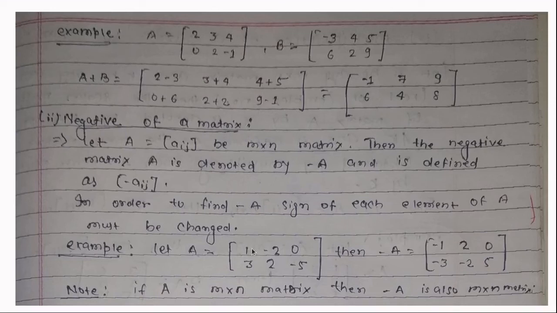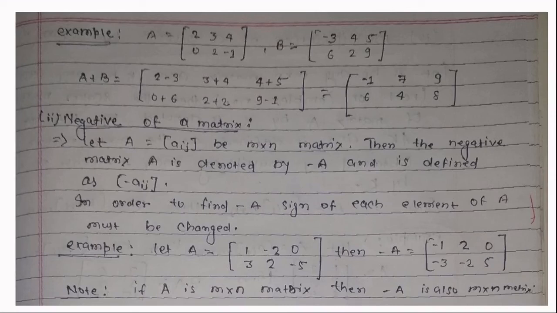The first element is positive 1, so we make it negative 1. The second element is negative, so we make it positive. This element is 0; when we multiply minus 1 into 0, we get 0. 0 is neither negative nor positive.